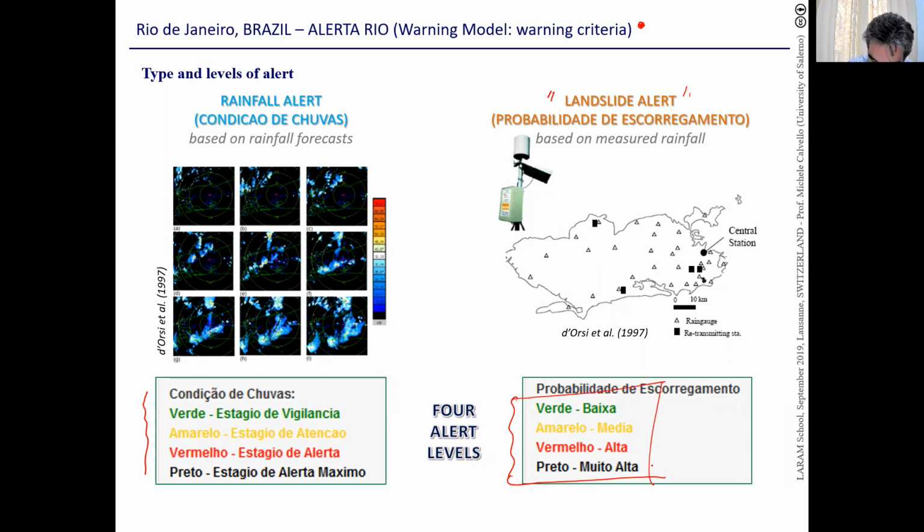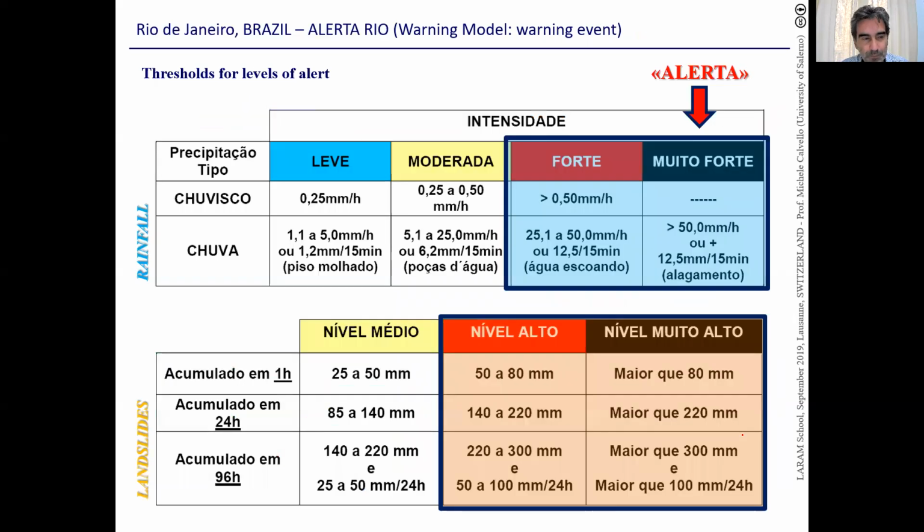If we refer to the landslides, the probability of landslides occurring based on measured rainfall, we refer to this part of the system. Somehow it's a little bit confusing, because you may have alerts and warnings that are of different colors if you think about rainfall, or if you think about the probability of having landslides associated to the rainfall. But anyway, we are concentrating on the probability of having landslides based on the rainfall measures.